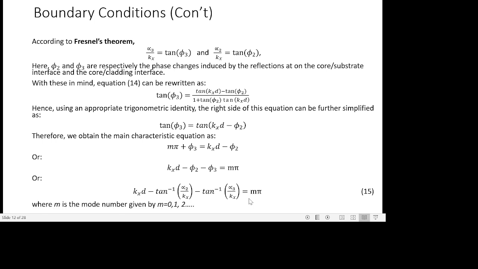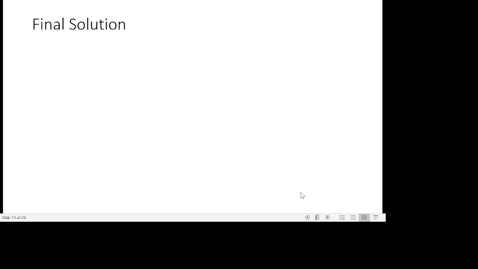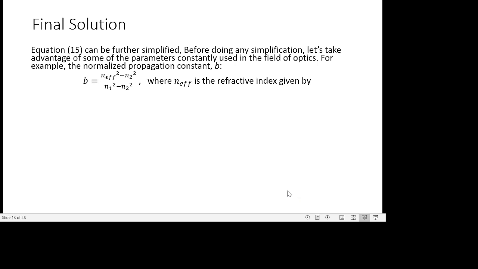M stands for the mode number, m equals 0, 1, 2, etc. So the final solution is going to be very simple.